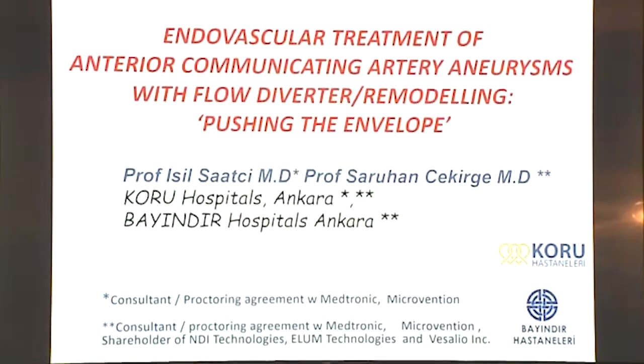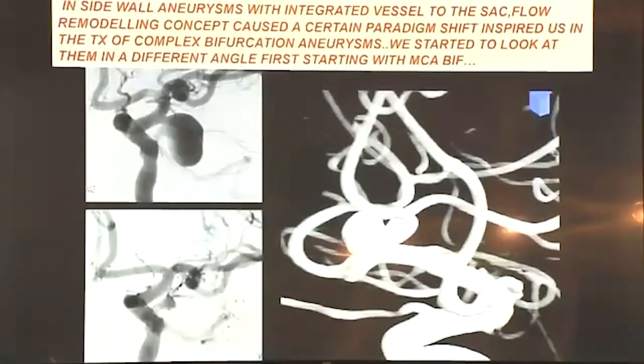Now I'm going to start with presenting our experience on ACoA aneurysms, treatment with flow diverters. With the sidewall aneurysms, which have integrated vessel to the sac, the flow remodeling concept caused a paradigm shift, and it inspired us to use this treatment in the bifurcation aneurysms as well.